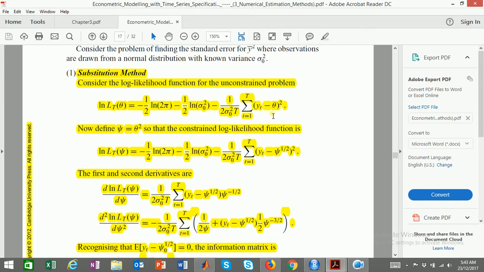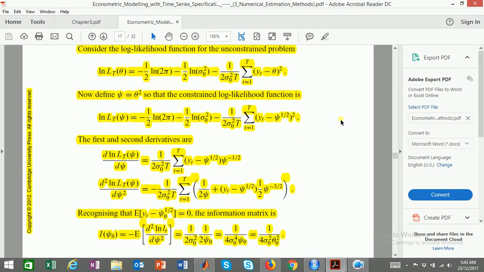In an unconstrained situation, theta is full, as I said, theta naught equals 1, and in a constrained situation psi equals theta square, which replaces theta. So we take root over psi instead of theta. And psi is simply theta square, so we take the root of psi. That is the constrained log likelihood function. This is called substitution method.